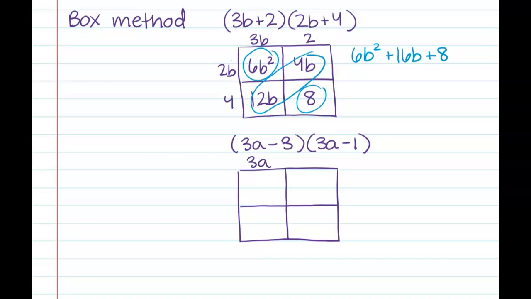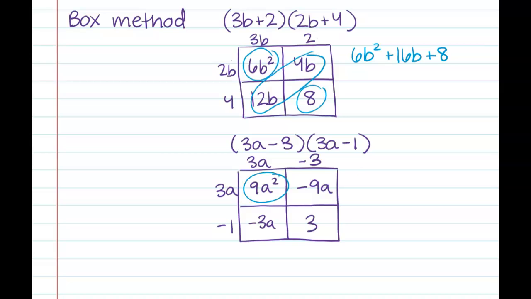So 3a, and it's minus 3, so we'll put a negative 3, and a 3a and a negative 1. 3a times 3a is 9a squared. 3a times negative 3 is negative 9a. Negative 1 times 3a is negative 3a. Negative 1 times negative 3 is 3.